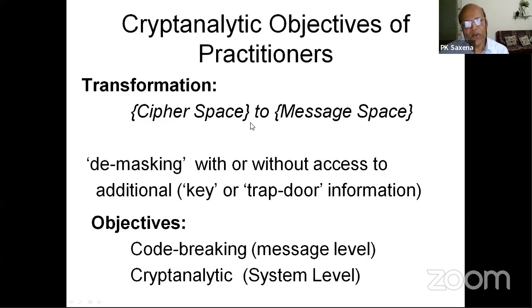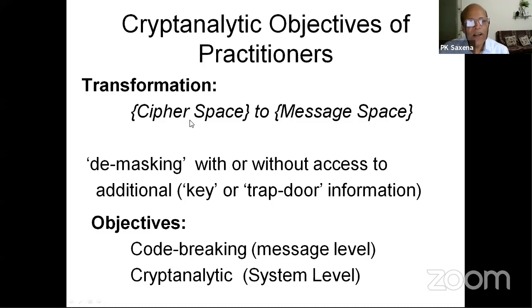Finding out the reverse transformation can be done at two levels. One is the message level itself, where somebody is given a message, the cryptogram is available. He doesn't know the transformation, or the mechanism by which it has been generated.